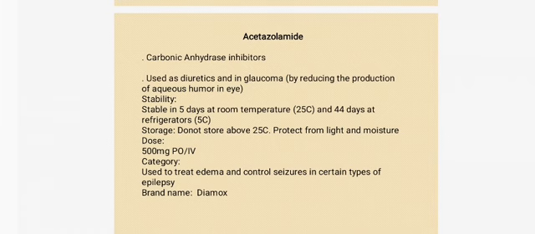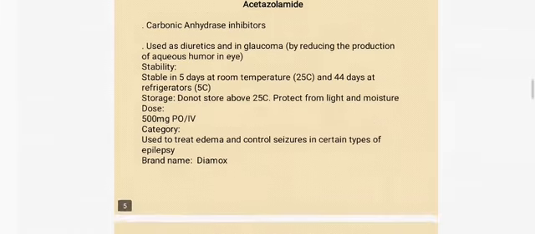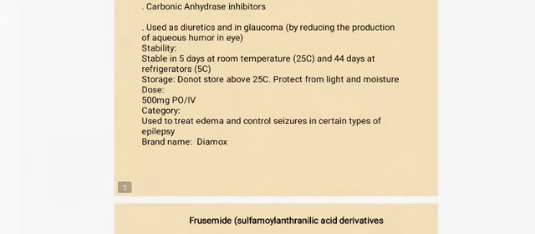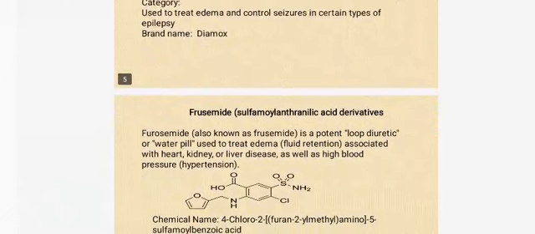Storage: don't store above 25 degrees Celsius. Protect from light and moisture, and the dose is 500 mg orally or by intravenous route. The next is category. This is used to treat edema and to control seizures in certain types of epilepsy, and the brand name is Diamox.